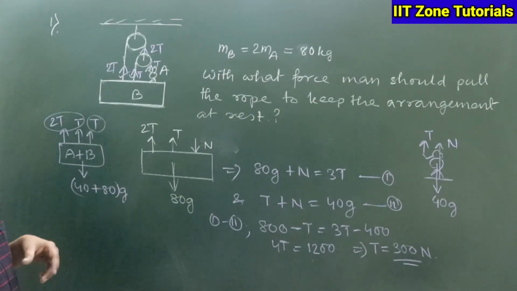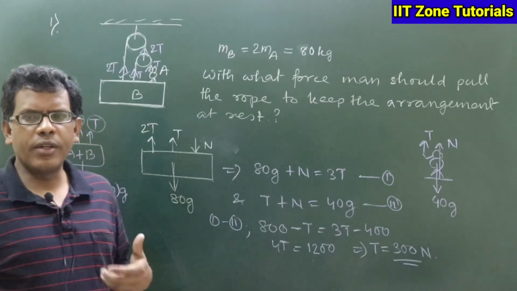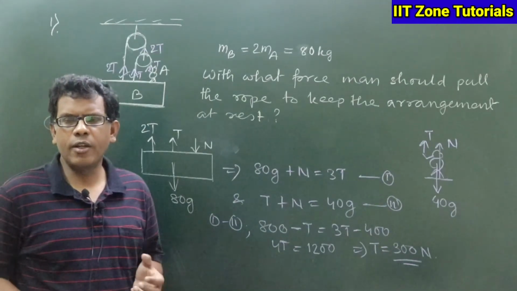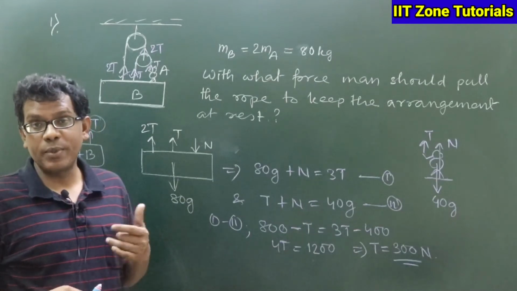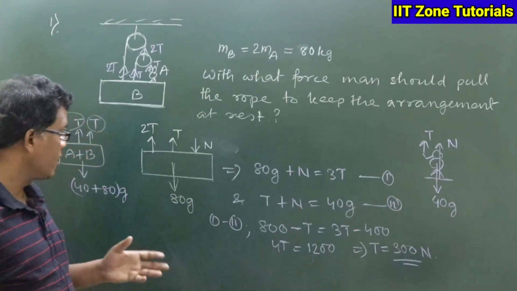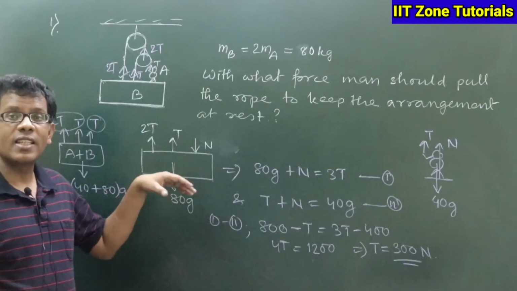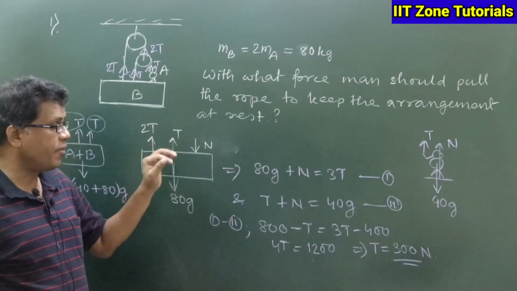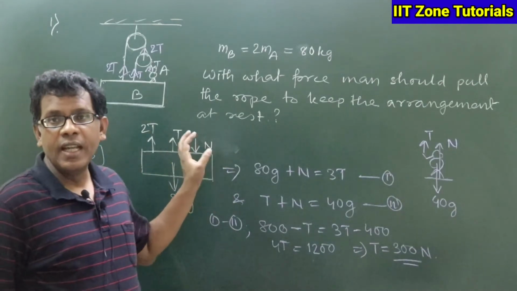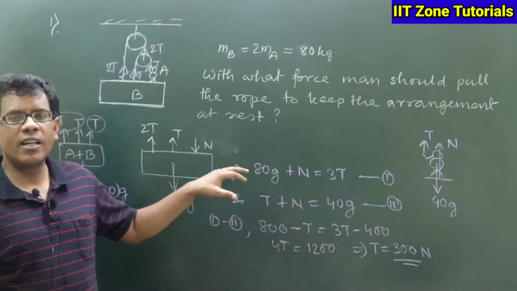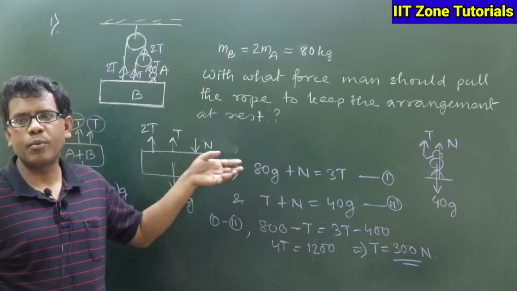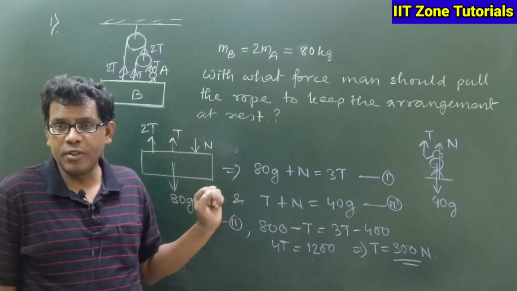In this case, when we are discussing the FBD of the composite mass, that is A plus B taken together, we don't need to consider the contact force. Contact force will only be taken in the FBD, and hence in the corresponding equation, when we are doing it for an individual block.